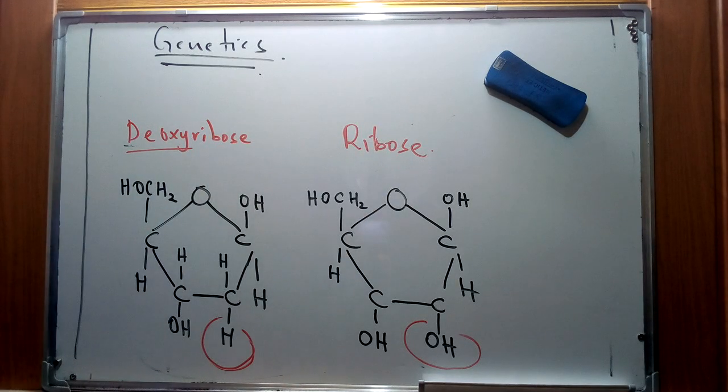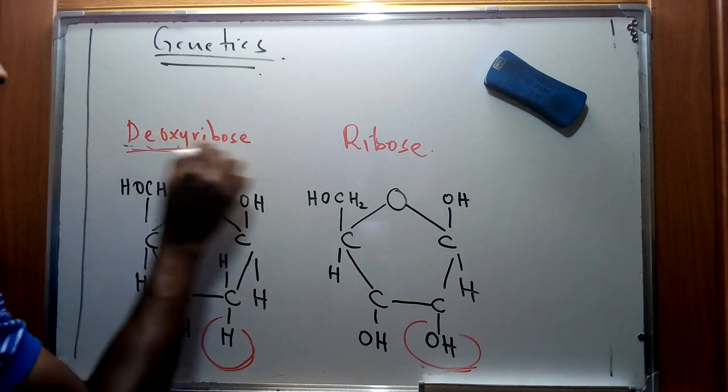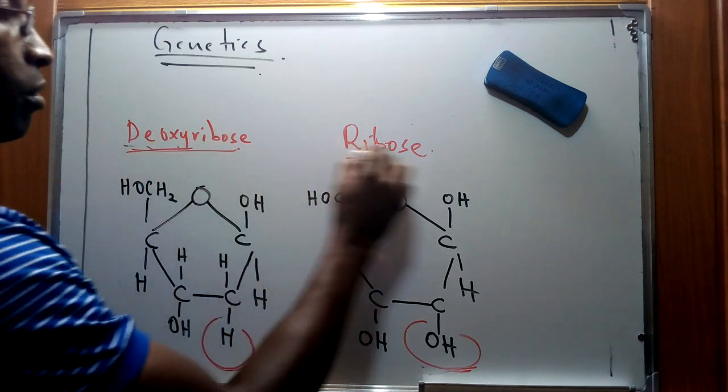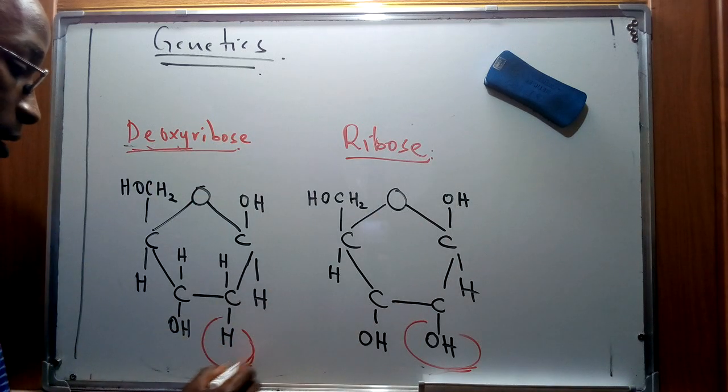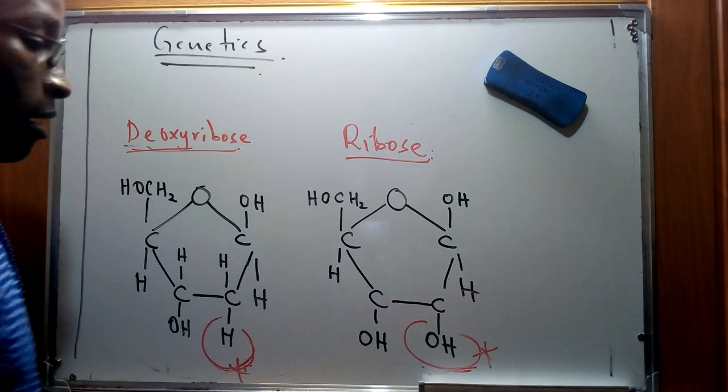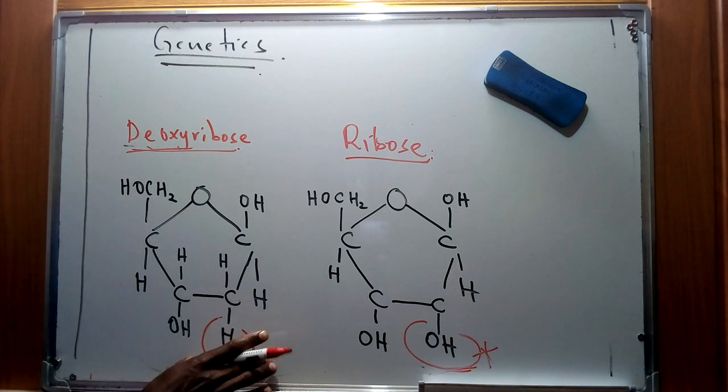Now the concept of the deoxy that is added to the name of ribose implies that this has been derived from the ribose sugar by the loss of a hydroxide, that particular hydroxide group that is attached at this point. So if we mention deoxyribose or ribose sugar, the difference in their structure is that hydroxide group and the hydrogen that is contained in the deoxy, respectively.